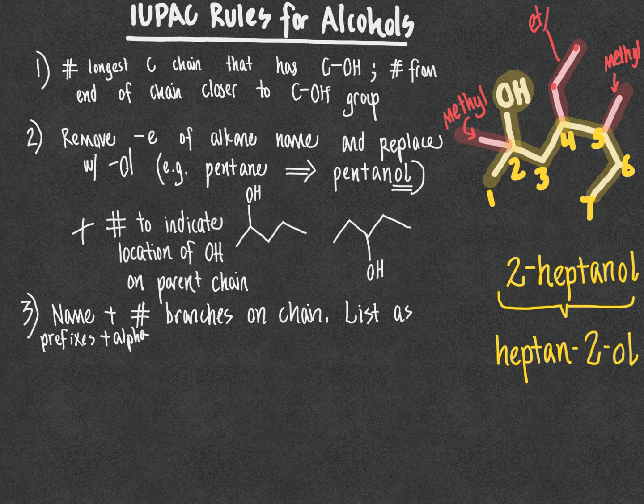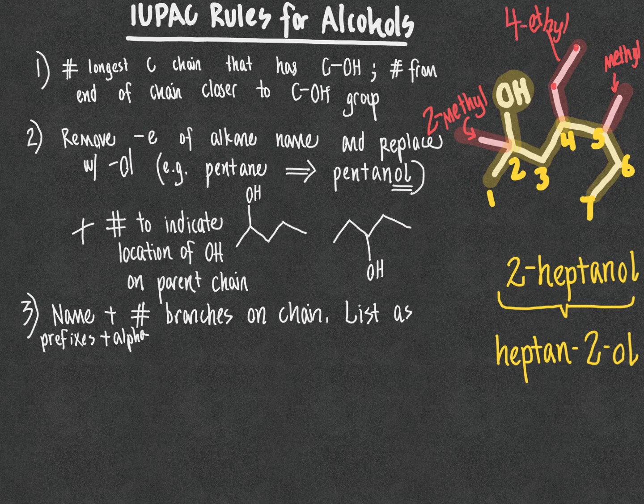So that would make that an ethyl group. And from there, we need to specify where those are located along the parent. So our methyl group at the left is at position number 2 of the chain, is where it branches off. So we would call that 2-methyl. Our ethyl group is at position 4, so we would call that 4-ethyl.